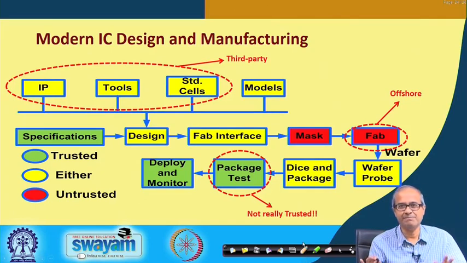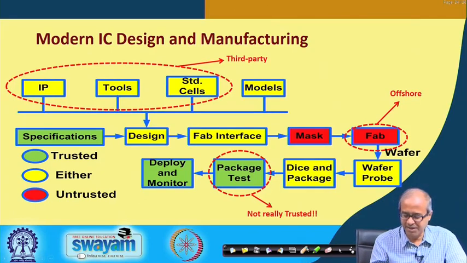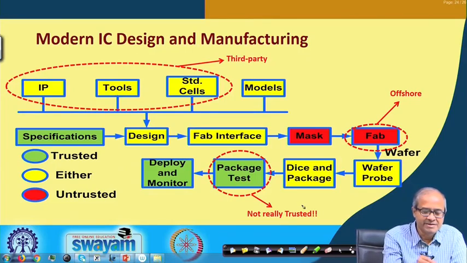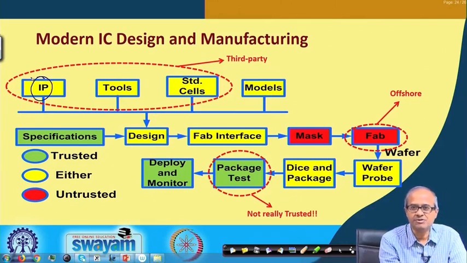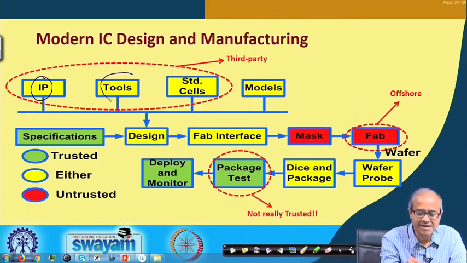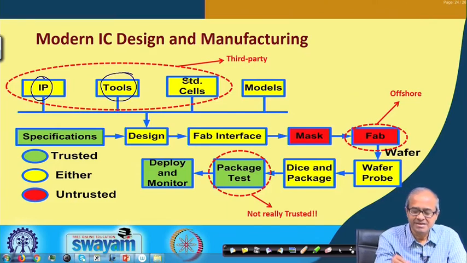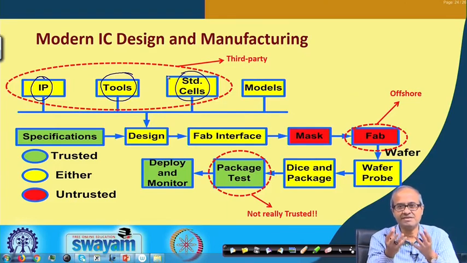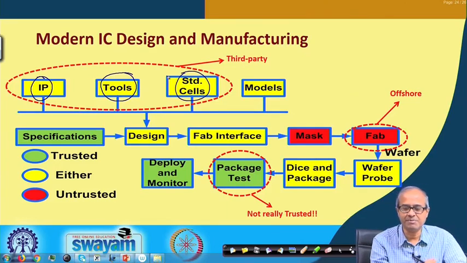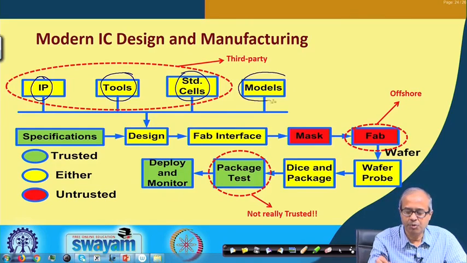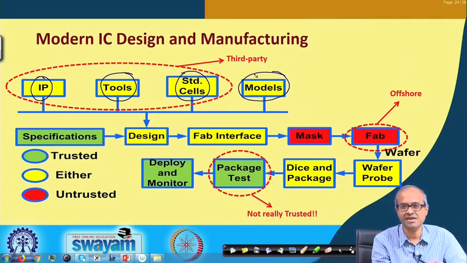This is a very simplified diagram of how we typically design an IC chip. As I said, we have the intellectual property or IP codes, the designs we take from other places. We have the computer aided design tools that we use, some standard cell library we can take from other places, and we can have some circuit models based on which we are designing.